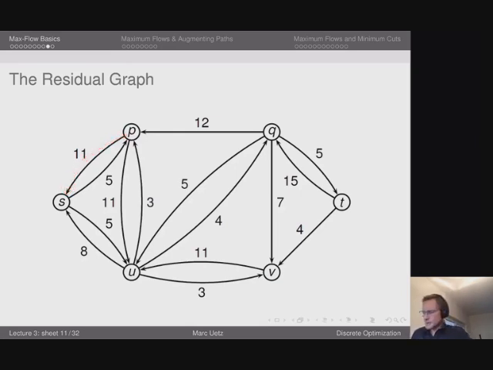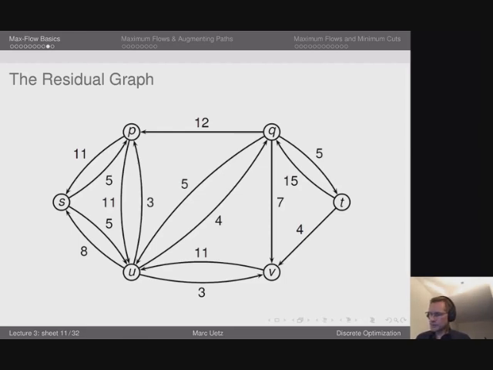And as we already said, in the direction from P to Q, the edge was saturated, and therefore this edge is not present in the residual graph. But of course, the opposite edge is present in the residual graph with a capacity 12. Now remember, this residual graph is defined for a given flow F.